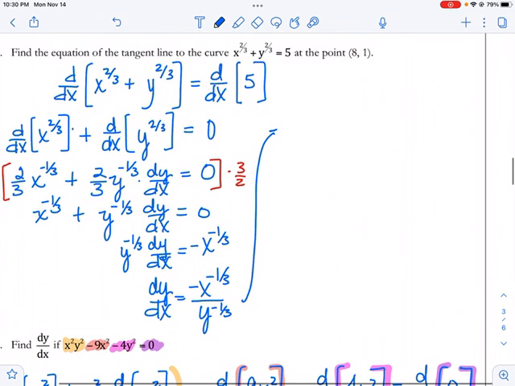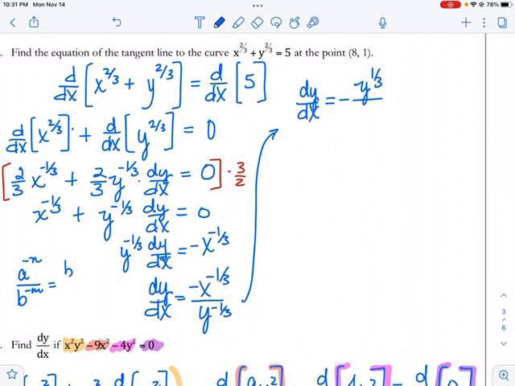Remember, we want to find the equation of the tangent line too. So we have dy/dx, but I'm going to use one of those rules in algebra. We know our derivative is negative, but I'm going to flip the x to the negative 1/3 and the y to the negative 1/3, so I'm going to make this y to the 1/3 over x to the 1/3. Remember, if you have a quotient with a negative exponent in the numerator and the denominator, a to the negative n over b to the negative m, then that's b to the m over a to the n.